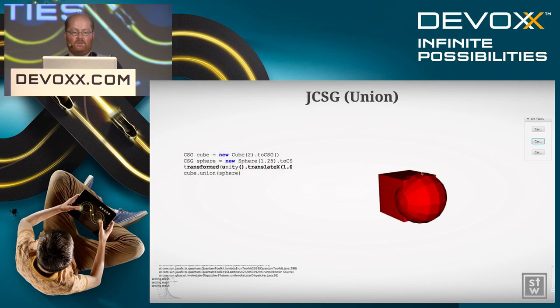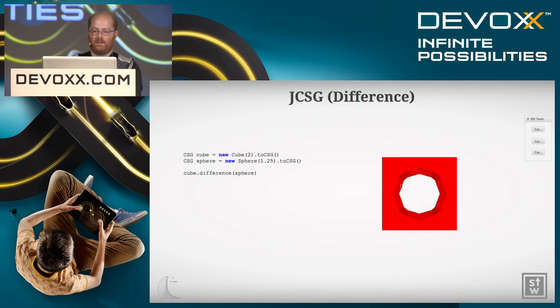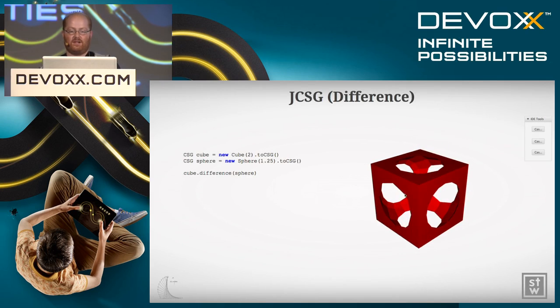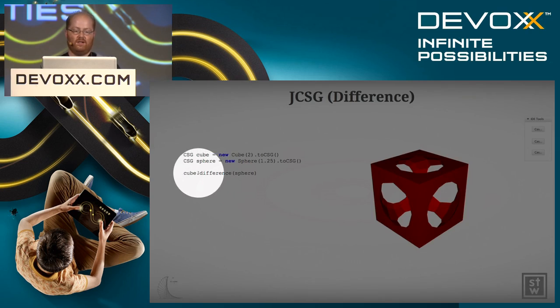And we can also transform it. In this case, we have the sphere like before, but we are transforming it by 1, so it slightly changes the position. So here is the difference operation. We are cutting a sphere out of the cube. Same objects like before, but here we changed union to difference.